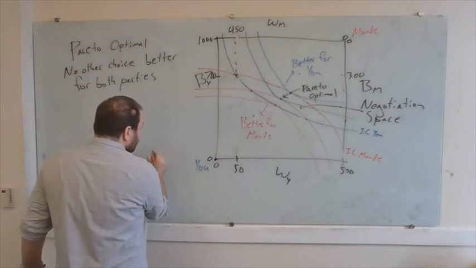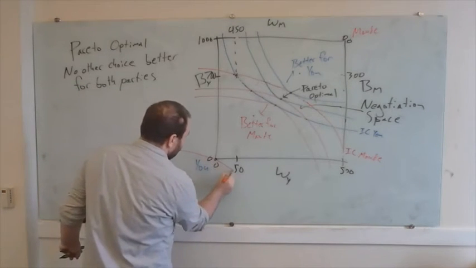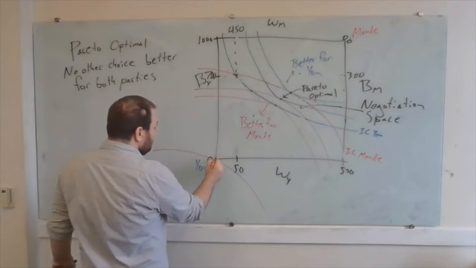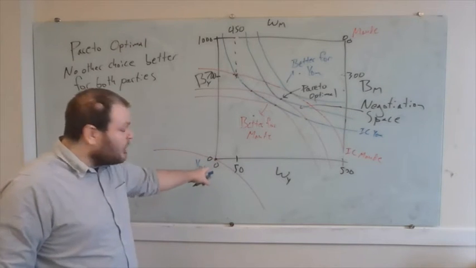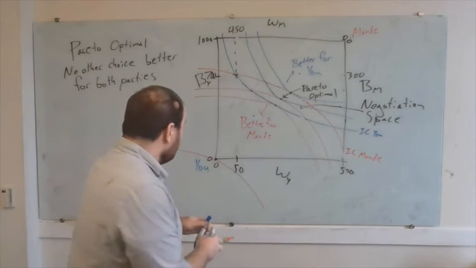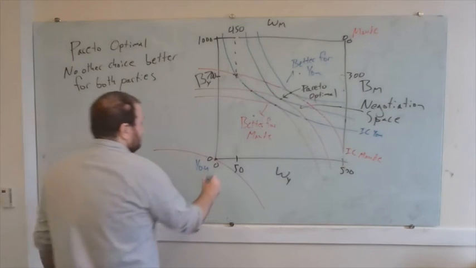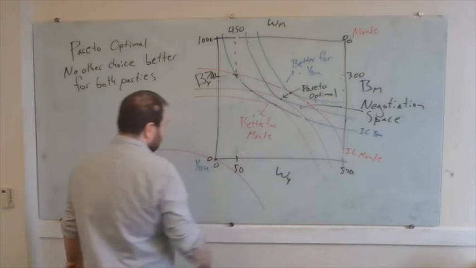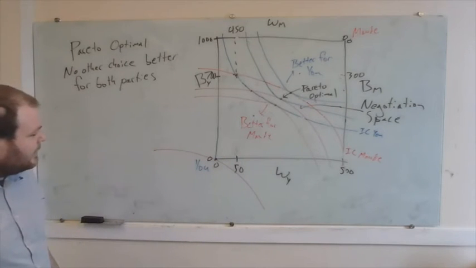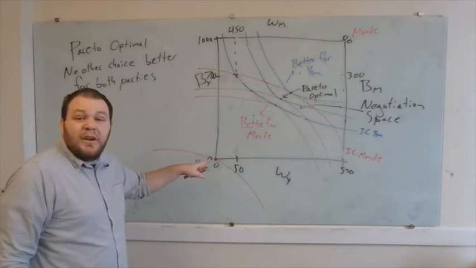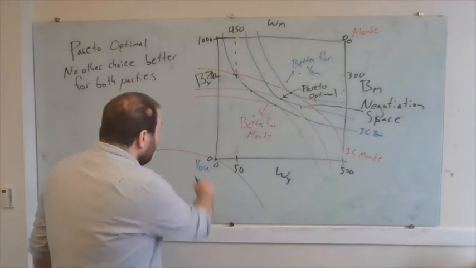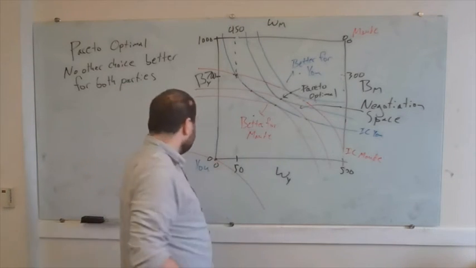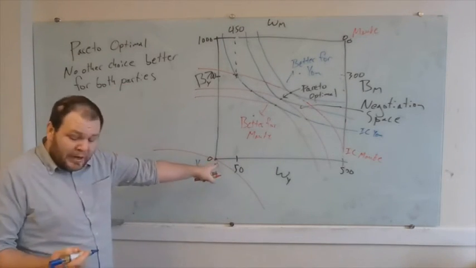Well, if that happens, Maud's indifference curve through that point will look like that. She's happy as a clam. She couldn't be any happier. You're totally miserable. You've got nothing. You have an indifference curve like that here. But the fact that you're extremely sad doesn't change the fact that Maud can't be any happier without making you sadder. So this is also a Pareto optimal point.